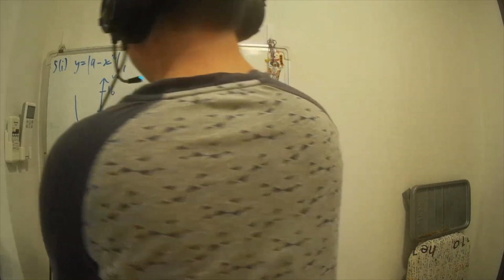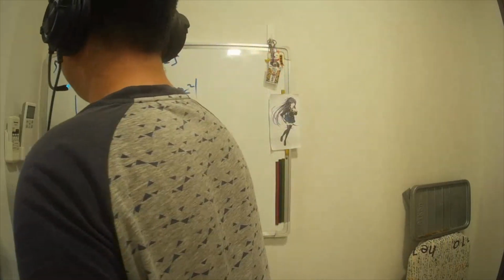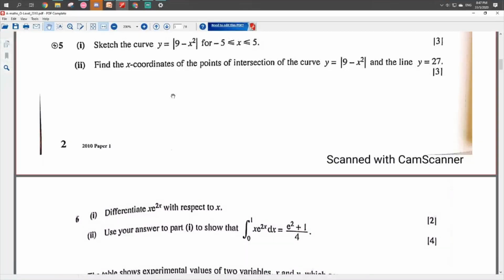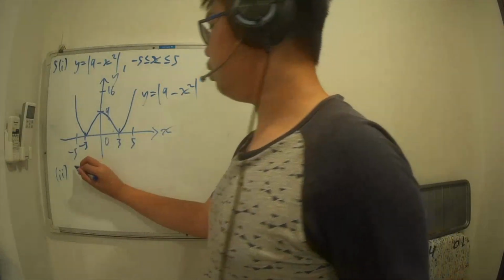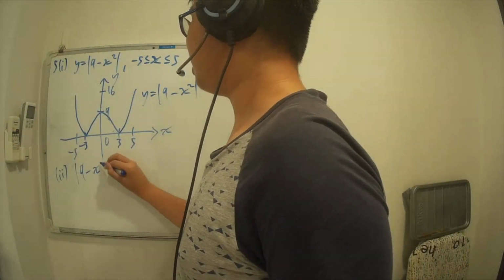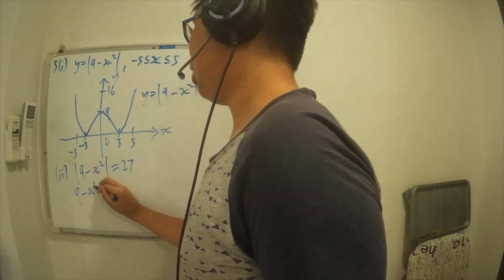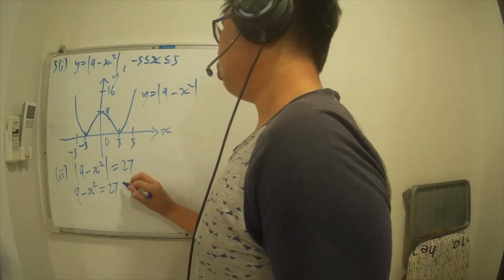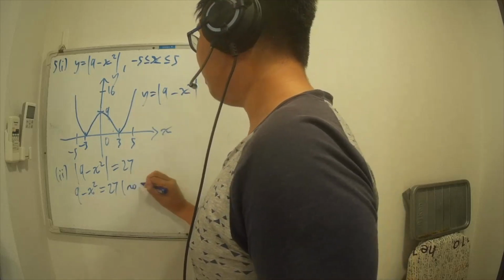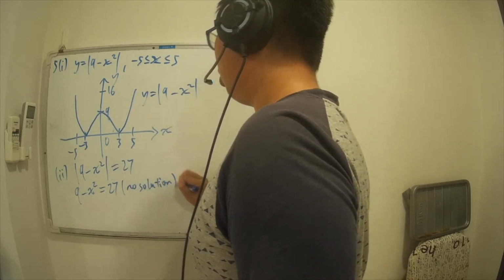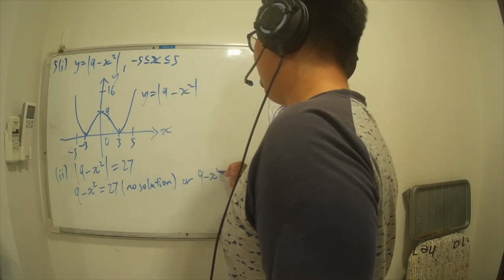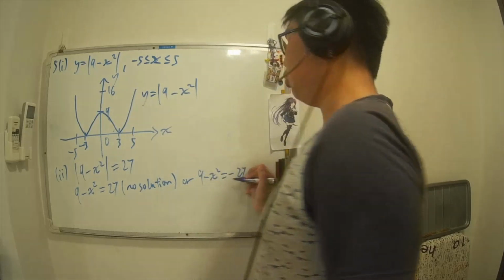Let me get rid of the bottom part because I need space for part 2 later. Find the x-coordinates of the point of intersection of the curve y equals to the modulus of 9 minus x squared and the line y equals to 27. That's simple. Just equate the two to each other. The modulus of 9 minus x squared equals to 27, which means that 9 minus x squared is equal to 27, which has no solution, or 9 minus x squared is equal to negative 27, which has solutions.